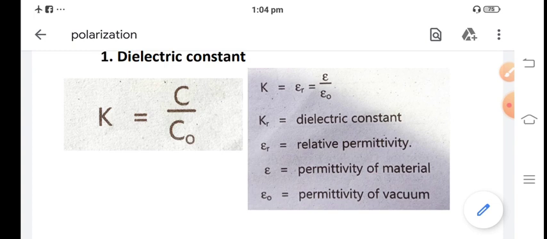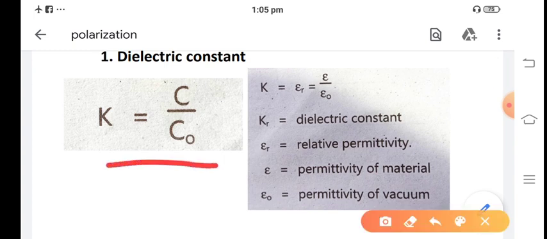Then the dielectric constant of the material is given by K is equal to C upon C0. So K is known as the dielectric constant.